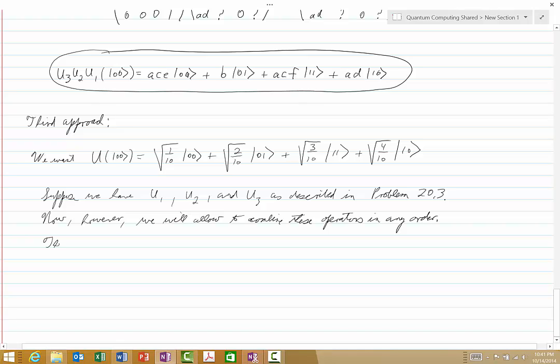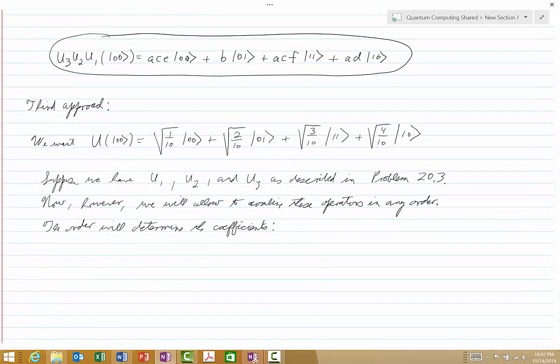The order will determine the coefficients. I know that's a little vague right now, but you'll see what I mean. Now, simply so that we'll come up with answers that we can compare to what we had before, I'll use the same order, but from the way that I developed this, I think you'll see that we could do this in any order. Okay.